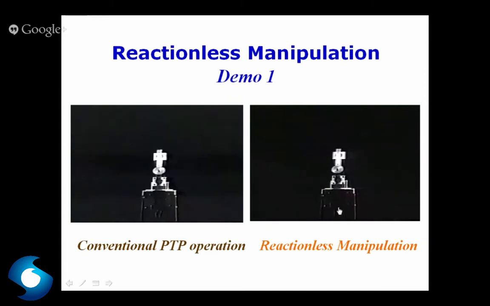In the second example on the right-hand side, exactly the same system but a slightly different motion of the endpoint manipulator. In this case, the two joints are operated simultaneously, and this motion doesn't make any reaction back to the base structure. That's why no vibration was excited.